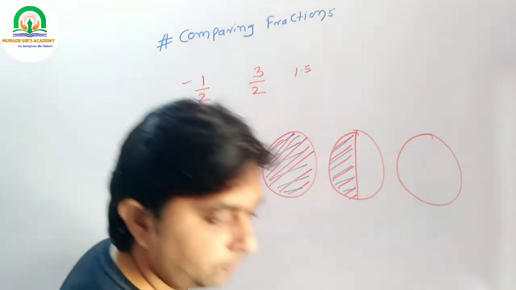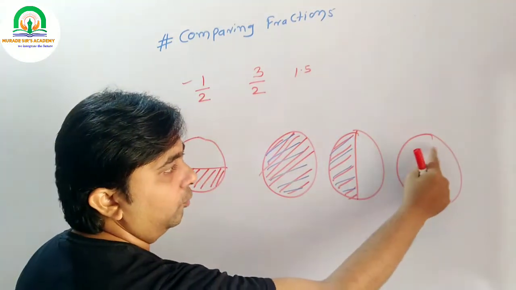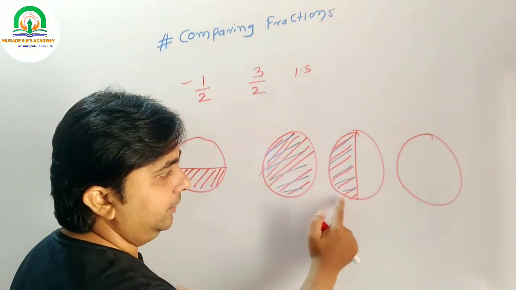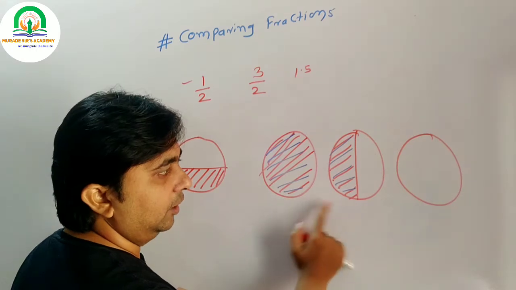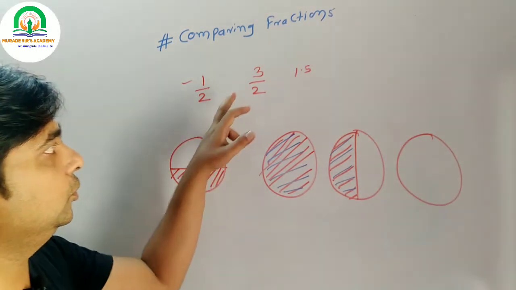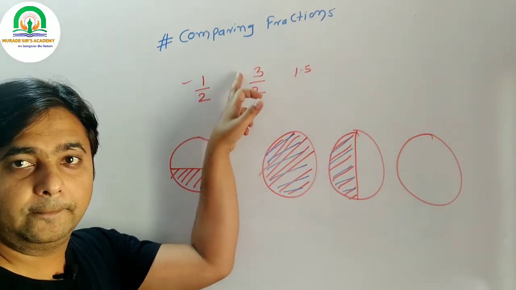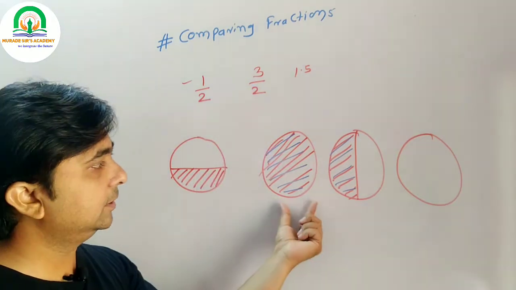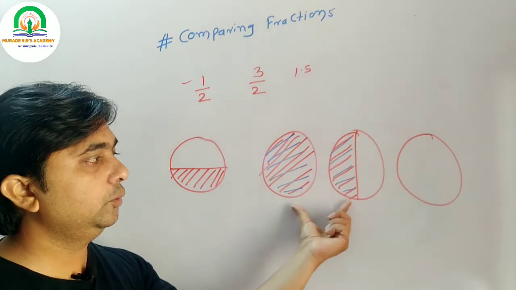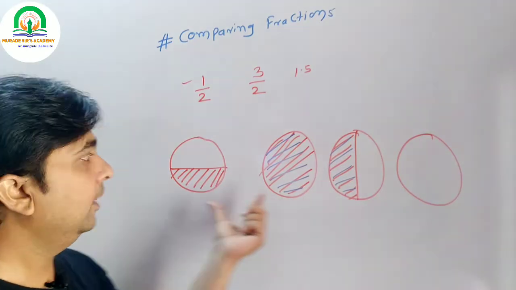The remaining is 1/2, and you ate this colored portion, 1/2, meaning you ate half the portion from the 3. This colored portion means you ate this portion of rotis, and from this you have only 1/2.